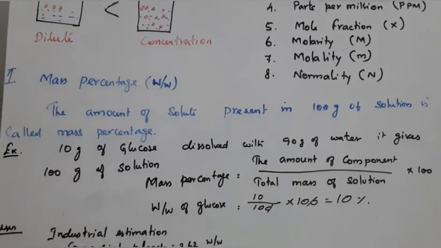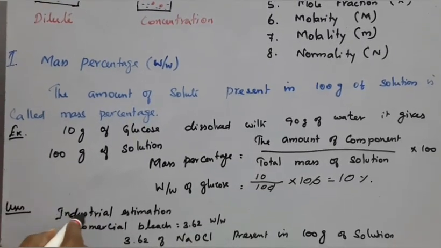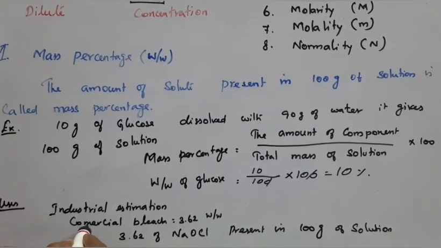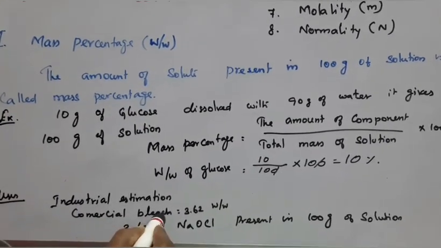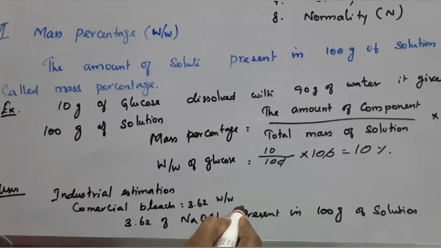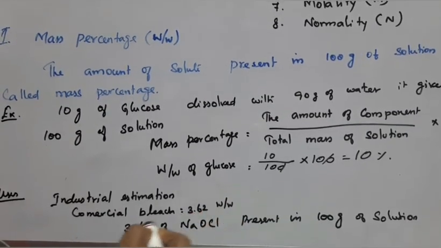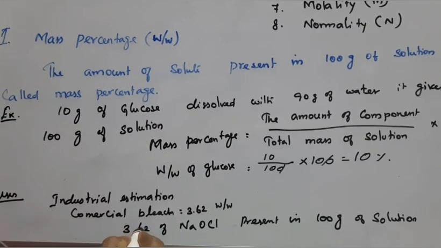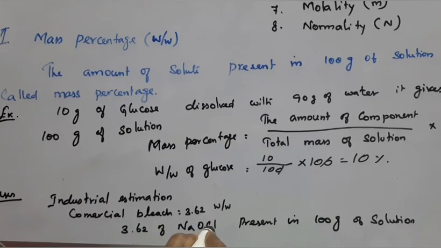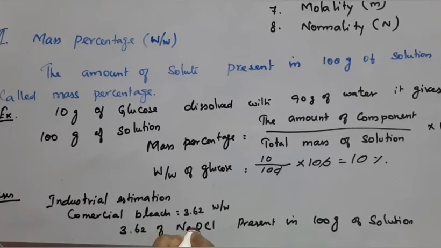So the 100 gram of solution contains 10 percent by weight of glucose. The same is used in industrial estimations. Sometimes we see that commercial bleach contains 3.62 mass percentage. What is the meaning? Here the bleach is sodium hypochlorite, its formula is NaOCl.